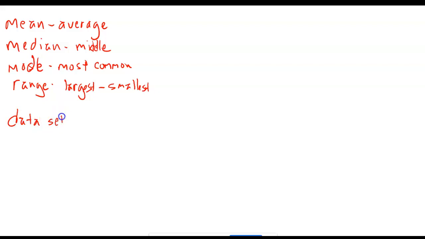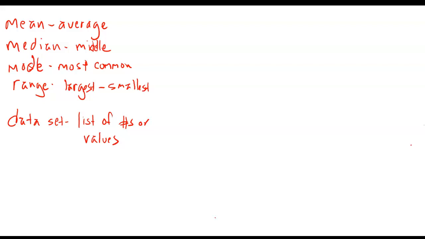A data set is a list of numbers or values. A list of numbers or values.